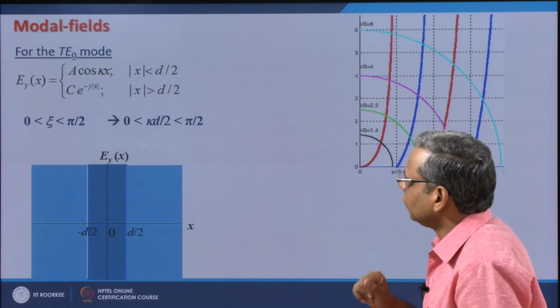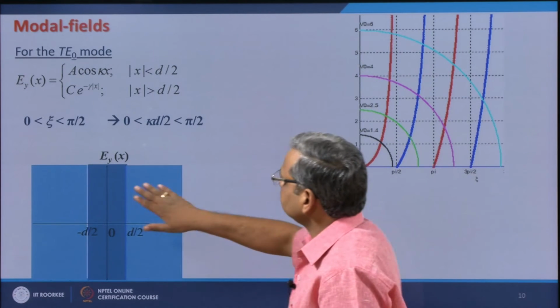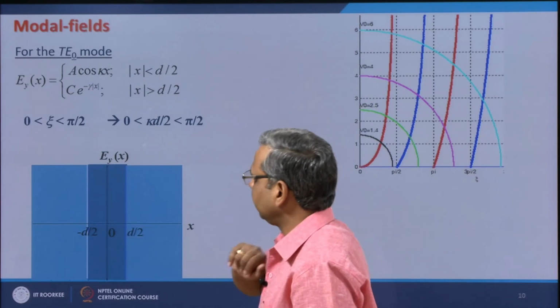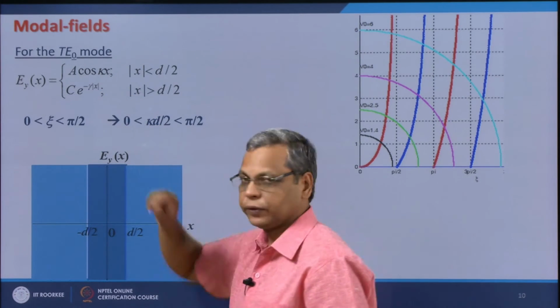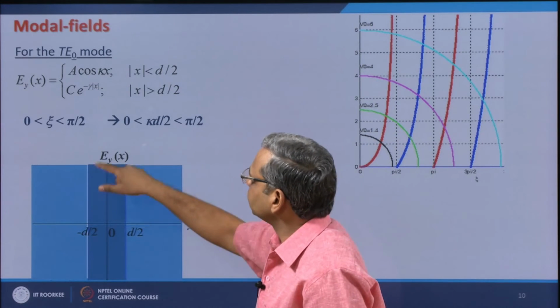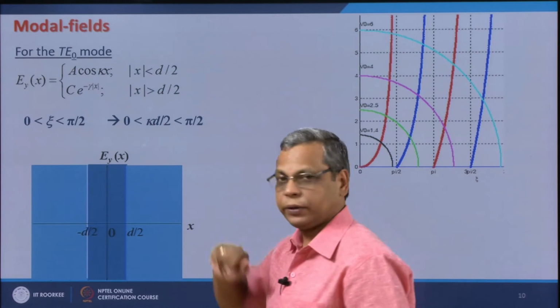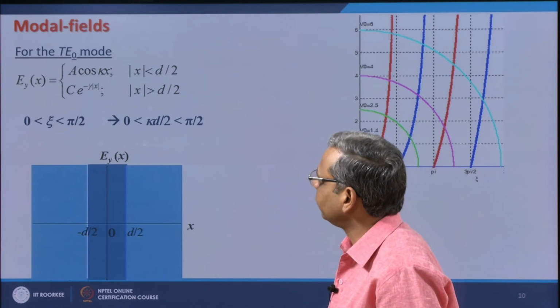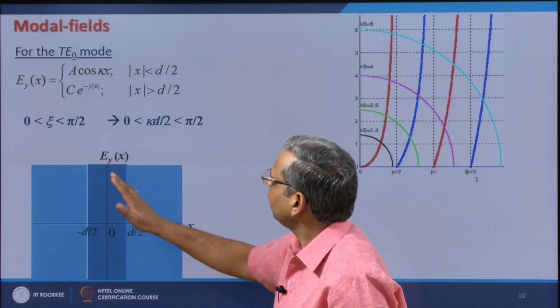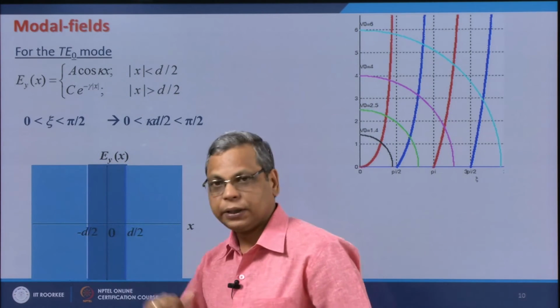Now, let us look at the waveguide and the modal field. In the region mod x less than d by 2, the solution is a cosine function. So, I will have cosine kappa x. What would be the value at the boundary? At the boundary, I have kappa x equal to kappa d by 2 and minus kappa d by 2.